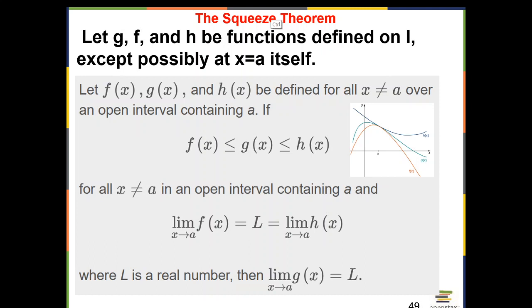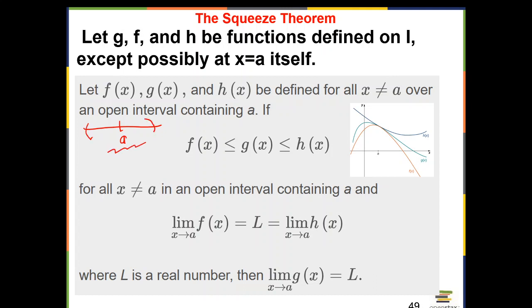All right, another method to find limits is called the squeeze theorem. In a squeeze theorem, we've got 3 functions, and one of them is stuck between the other 2, in some open interval that has a in it. So here's an open interval that has a.